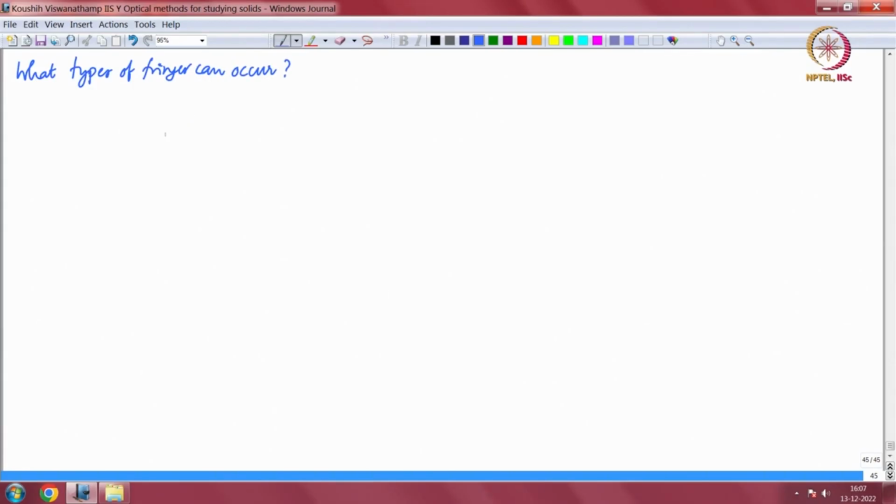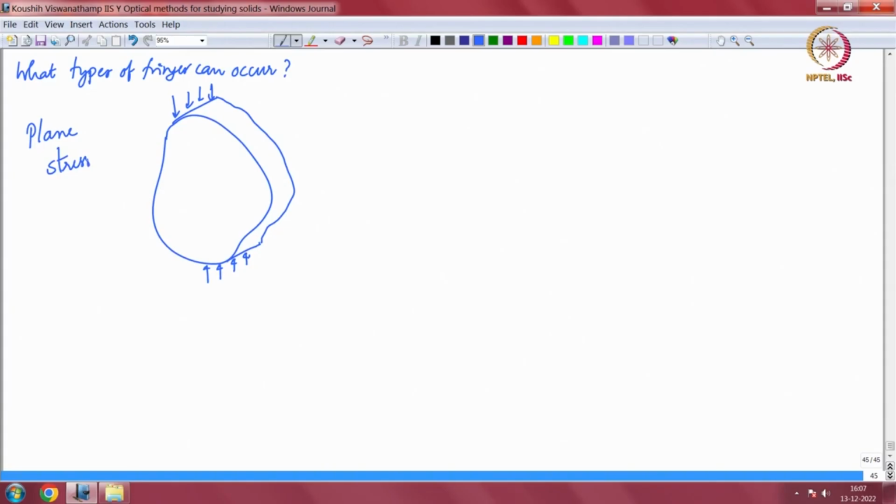So, let us say you have a body like this, it is 2 dimensional. For now we will make our life simple and make it 2 dimensional. So, it looks like this, and then it is loaded 2 dimensionally, right. So, it is a plane stress problem for now. Let us give some directions here.